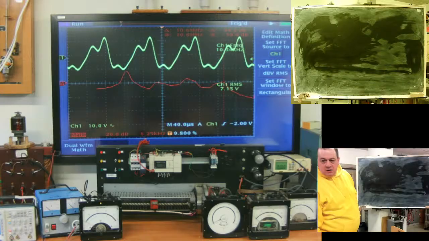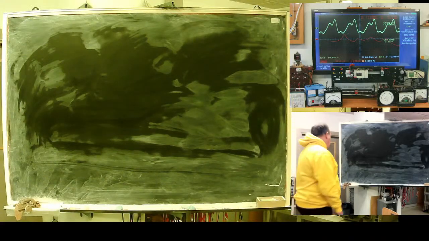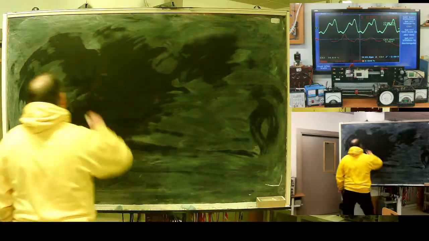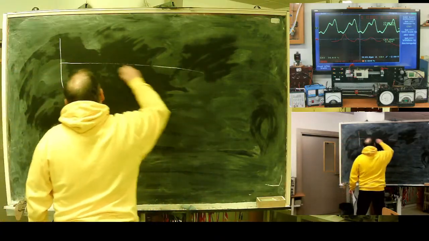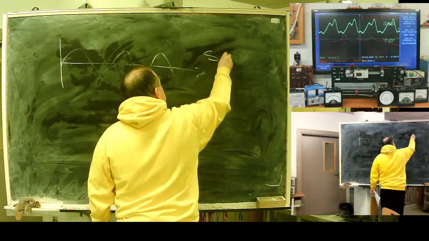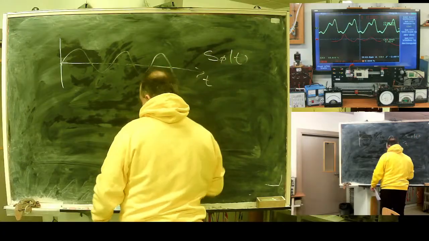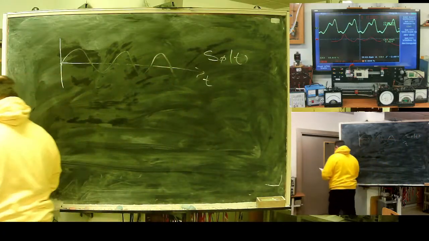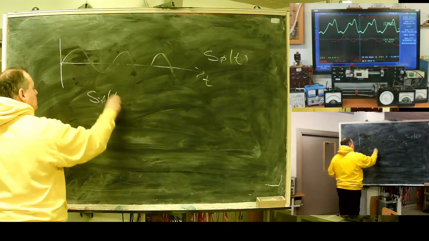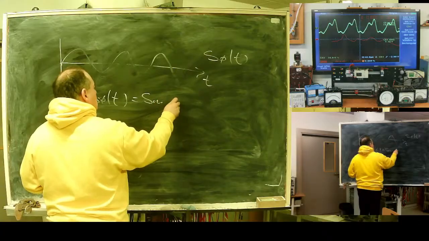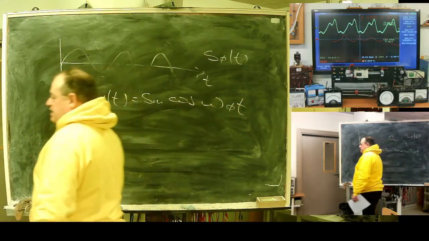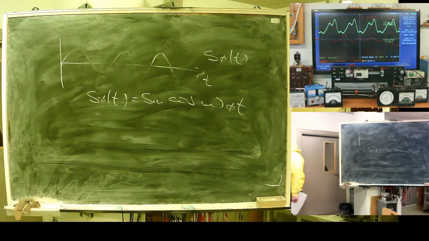Okay. Let's imagine we have a nice ideal signal S0 of time, equal to S max cosine omega 0 t. An ideal one-frequency signal.